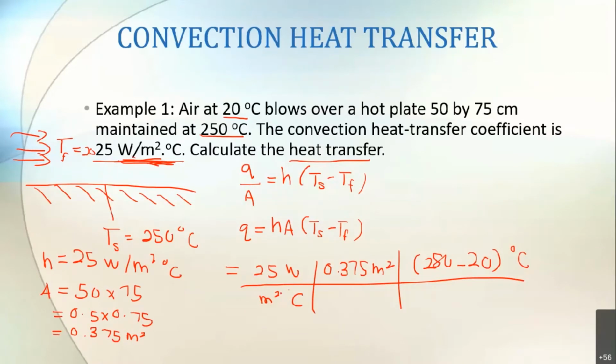Degree Celsius cancels with degree Celsius, meter squared with meter squared, and you are only left with the unit of watt. Put it in your calculator and you get a value of 2156 watt. So that is how you solve example number 1.